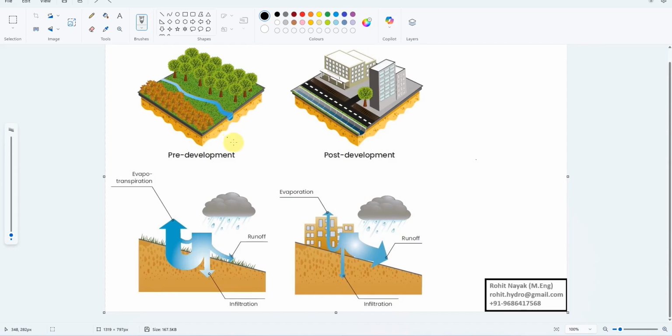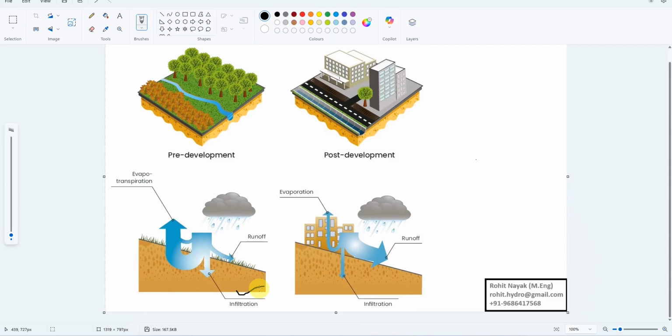If you consider the hydrology of a natural greenscape and its losses, the losses are majorly, first, infiltration. When rain happens, the water comes in contact with the plant, and thereafter from the soil it infiltrates into the ground.